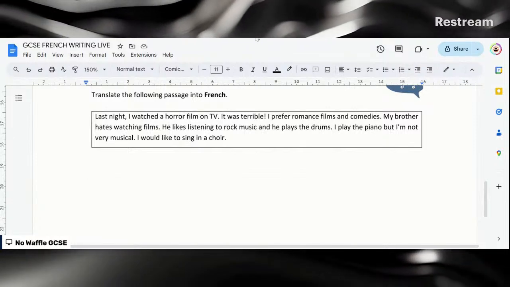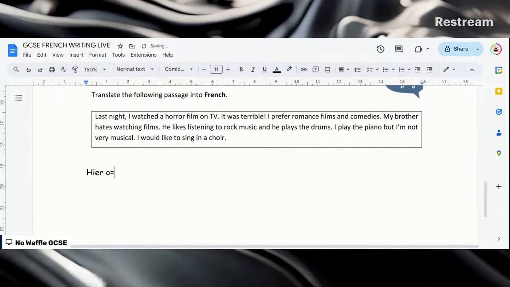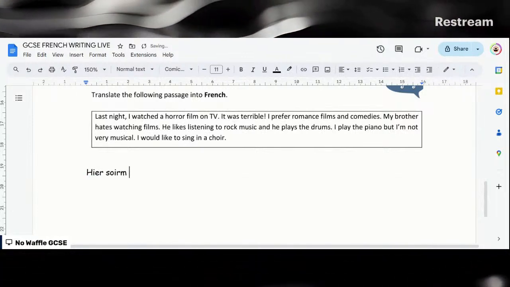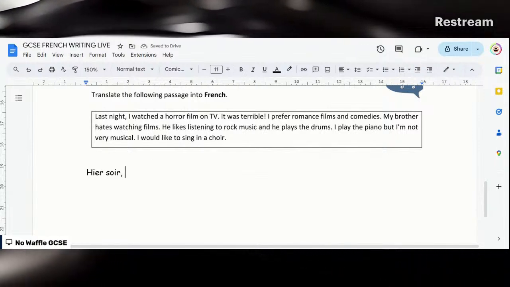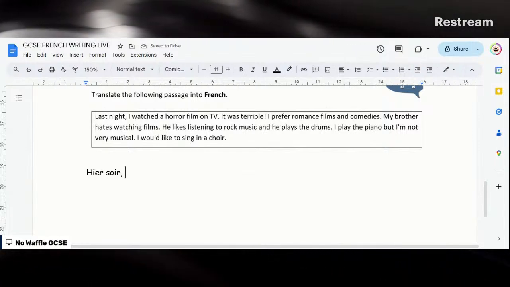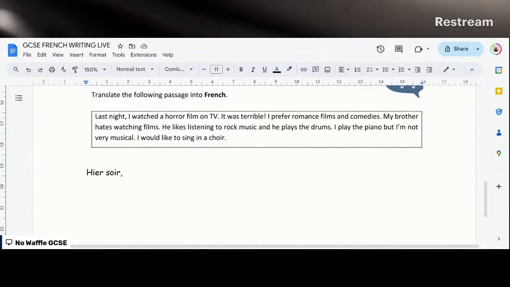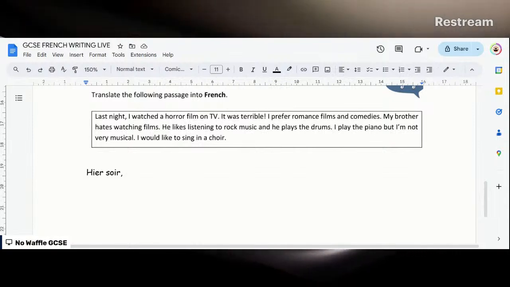So last night begins hier soir. Oh, sorry. Hier means last and then soir is evening, so last evening effectively. I watched a horror film on TV. So you can use your classic perfect tense here.